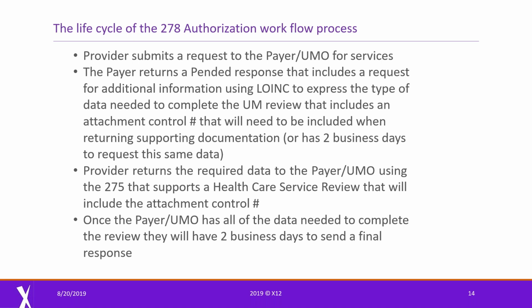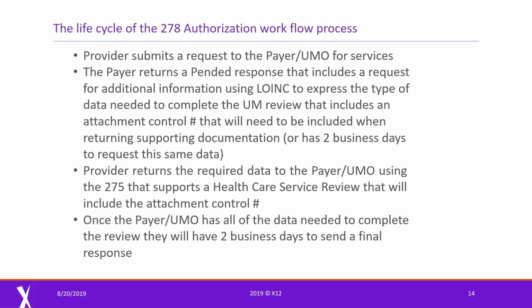Now, if by chance your system's not set up at that time to automatically return those LOINC values in your pended response, then the new rule is basically saying, hey, if you can't do it initially, then you have to do it within 2 business days after that initial request to send that information of what you actually need. So that's part of the new rules, but also included in that pended response is the ability to return the actual attachment control number along with those LOINC values as part of that initial pending response.